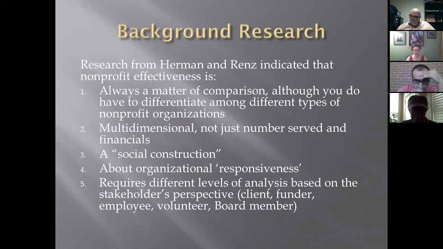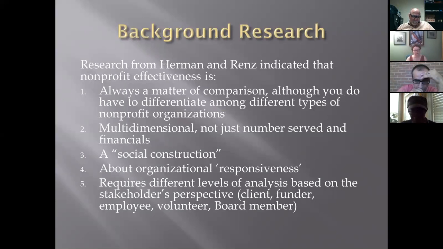People also tend to look at effectiveness in terms of responsiveness. How responsive is the organization to the need in the community or to whatever their mission is, to requests from other groups or people who have an idea of what they think your nonprofit ought to be about? How you respond to them then helps to create that social construction.